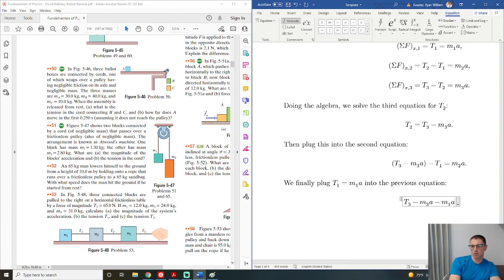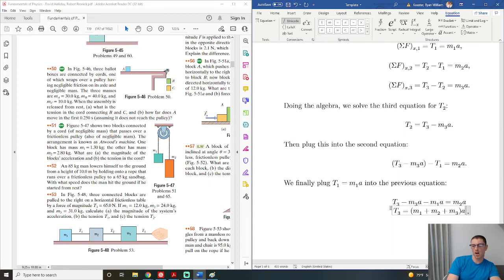And this equals M2A. I think I can do this in my head, though I'm not sure. What we would find is that T3 equals the sum of the masses, M1 plus M2 plus M3, all times A. We just add all the MA terms to the right-hand side.